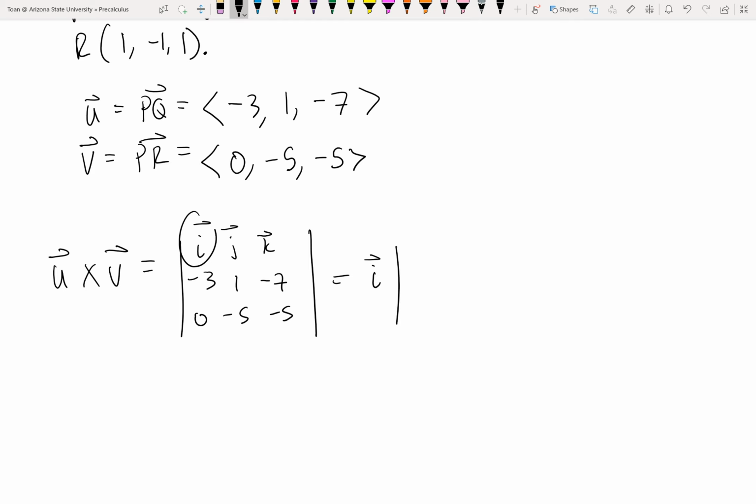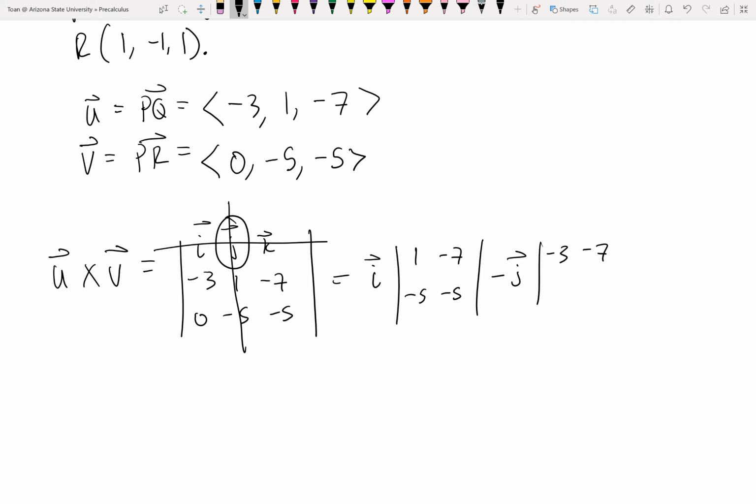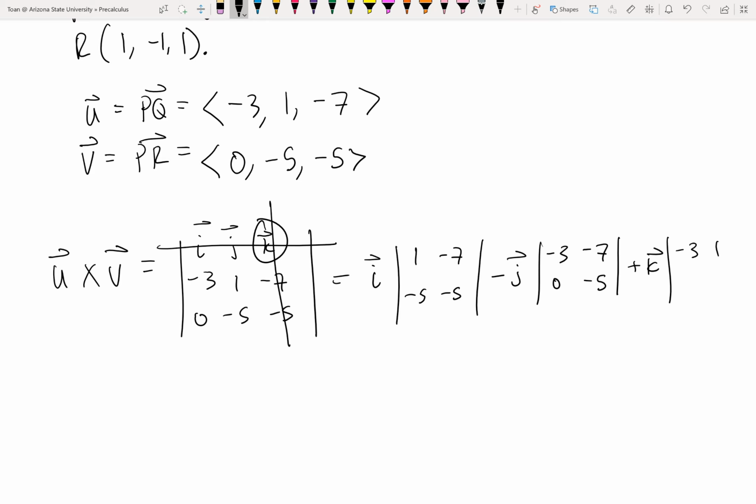If you cross these out, you get 1 times -7 minus -5 times -5, minus the j. If I take the j, cross them out, I'm left with -3, -7, 0, -5, plus the k. If I cross that guy out, -3, 1, 0, -5.